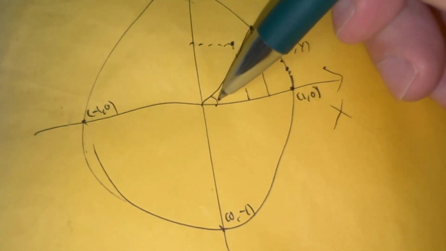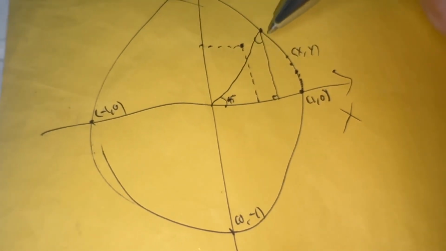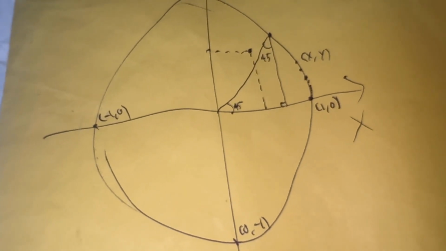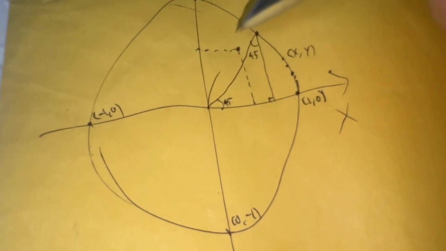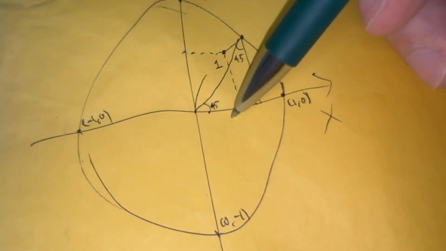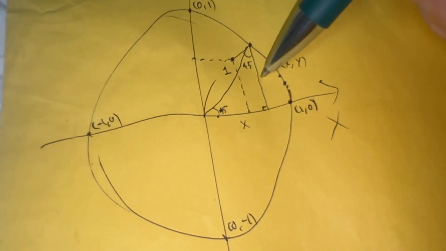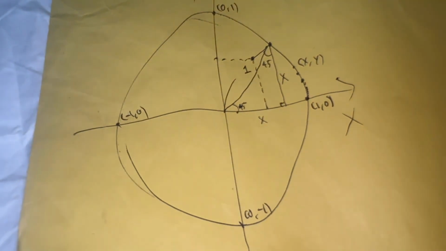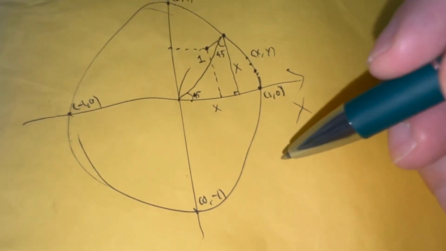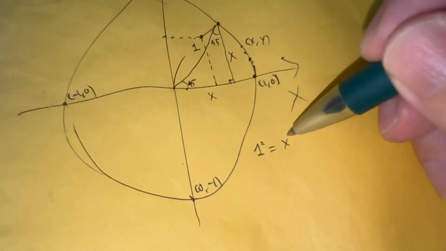It's 45 degrees here. It's 90 degrees here, so this one's 45 degrees too, so it's an isosceles triangle, and since this is the radius, we assumed it was 1. This is x, and this is y, but since they're the same, we'll just call it x. Then, by the Pythagorean theorem, 1 squared equals x squared plus x squared.